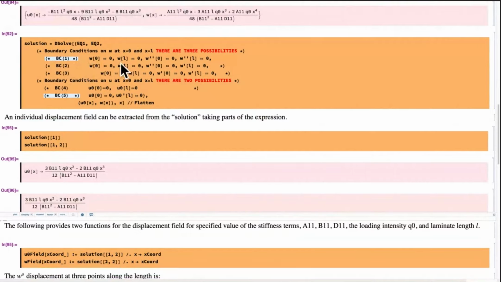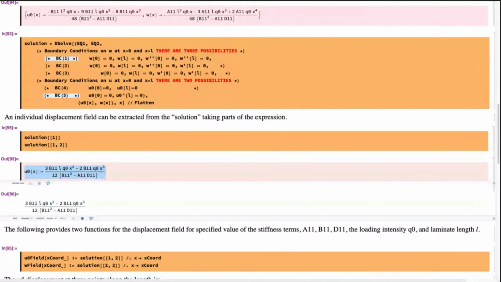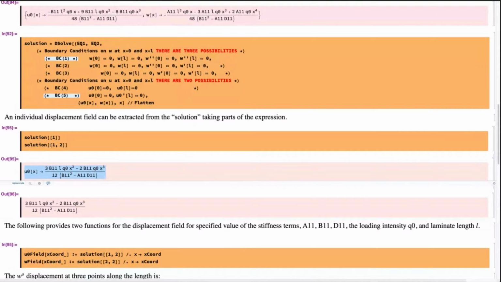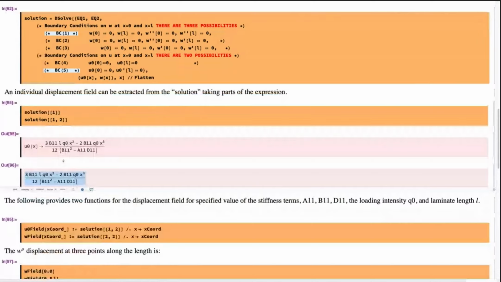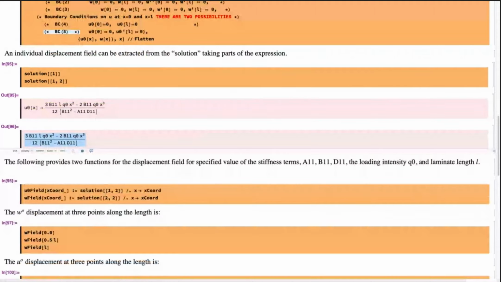Basically, it is the solution to the first set of boundary conditions that I used. If I take the first term, I get this. If I take the second term of the first, I get this.